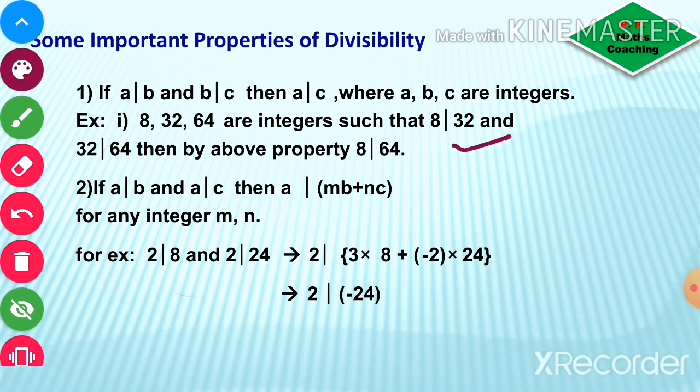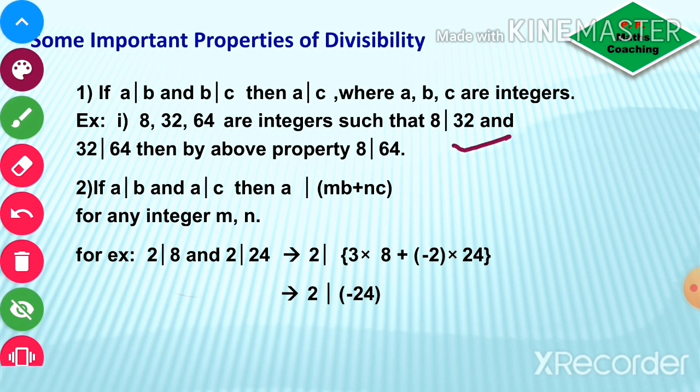For example, if we consider a is equal to 2, b is equal to 8 and c is equal to 24, then 2 divides 8 and 2 divides 24. We know that 8 is divisible by 2, and 24 is also divisible by 2. Then 2 divides 3 into 8 plus minus 2 into 24.